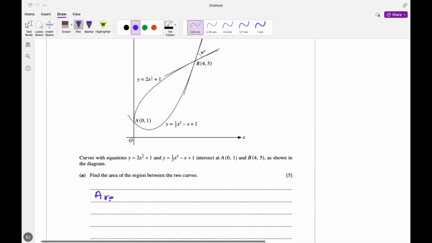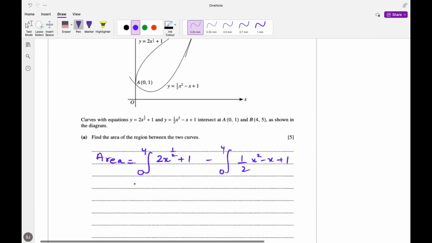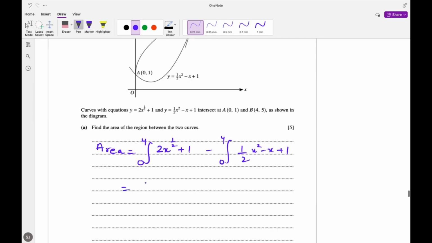So the area in this case will be equal to the integral, with limits 4 and 0, of the upper curve 2x to the power 1 upon 2 plus 1, subtracted from the curve half x squared minus x plus 1. So integrating 2x to the power half will become 2x to the power 3 upon 2 divided by 3 upon 2, plus integrating 1 will become x.